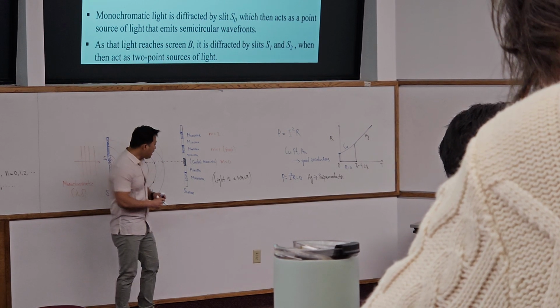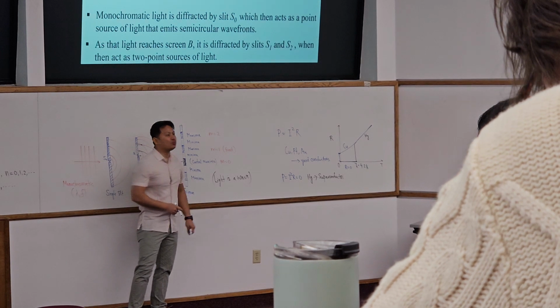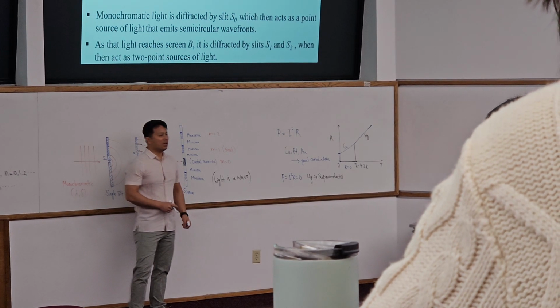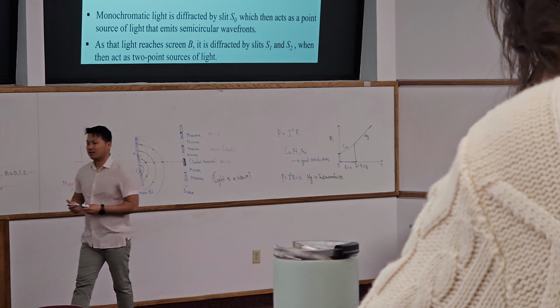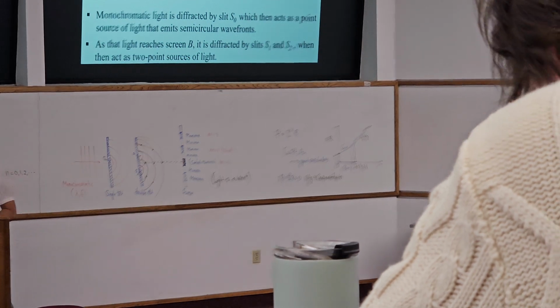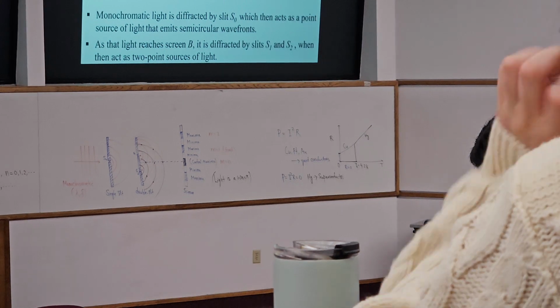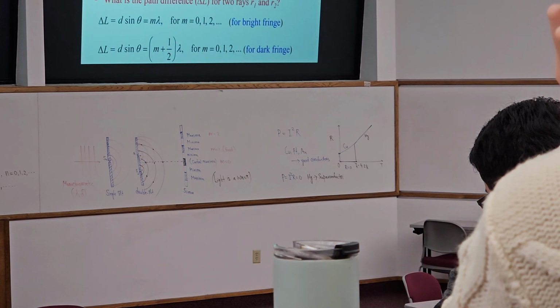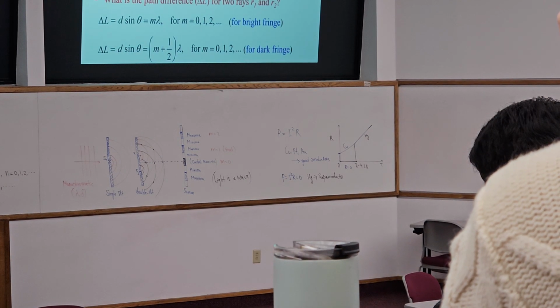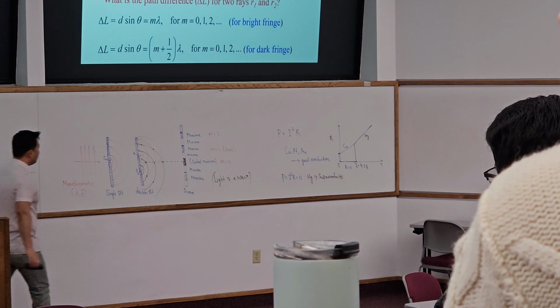Okay? So from here, he could prove that light is a wave. This is an experiment that proves that light is a wave. Okay? So let me explain over here.